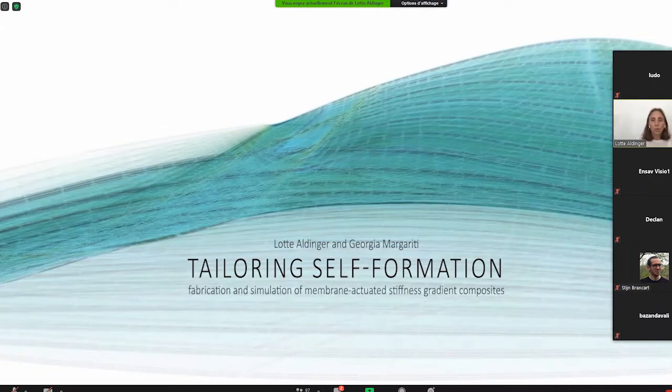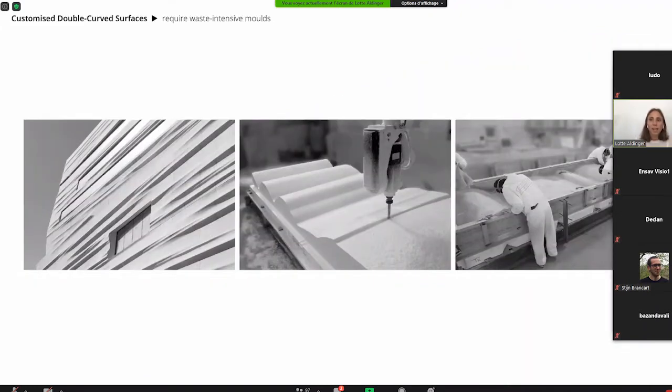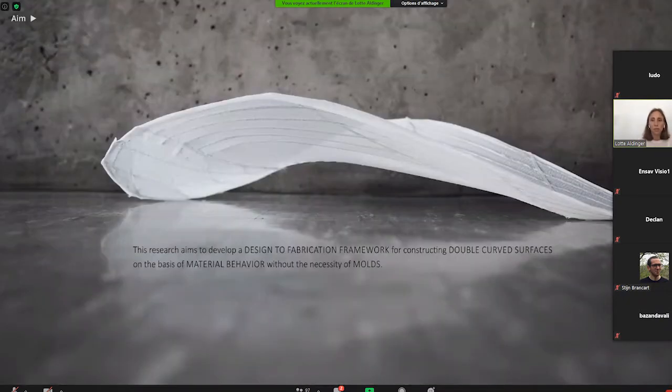There is an increasing demand for customized geometries of unique double curved shapes. However, their fabrication with molds usually entails a vast amount of waste. So our aim was to construct double curved lattice surfaces on the basis of inherent material behavior without the necessity of molds.